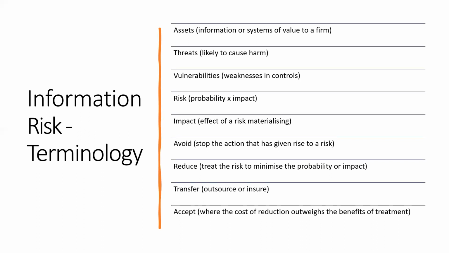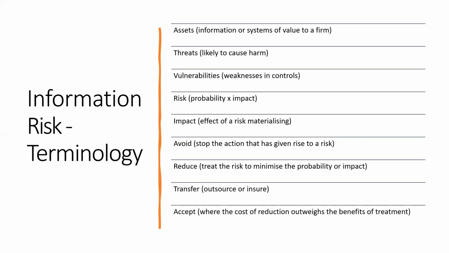And we will take a look at this further. Impact is the effect of a risk materializing. If this risk were to materialize, what will the impact be to the business, not to IT once more, to the business?